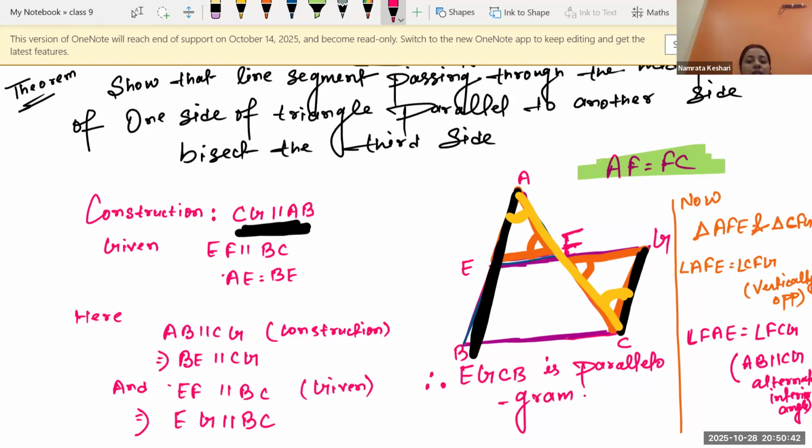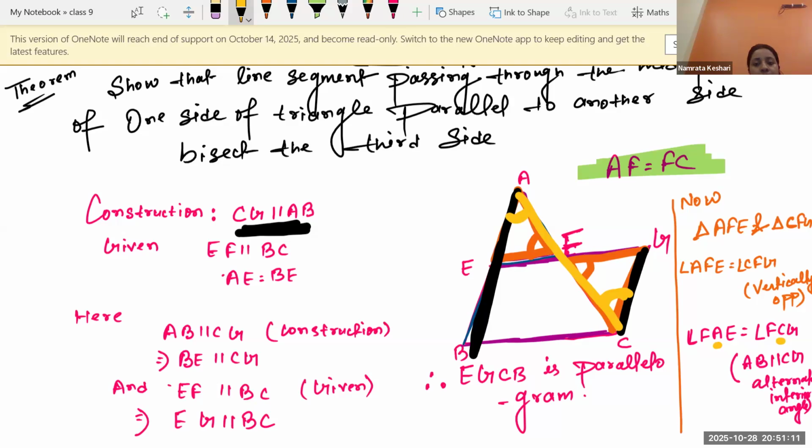What else can be taken? Who will tell? Angle A is equal to angle C, we have written just now. AE is parallel to CG.